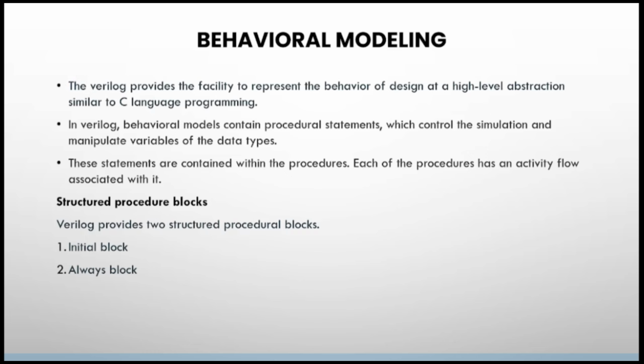So in gate level modeling, the most important thing is the structure of the design. Based on the structure of your design, you can write the code in gate level modeling. When it comes to data flow modeling, we write the code based on how the data is flowing between the registers.